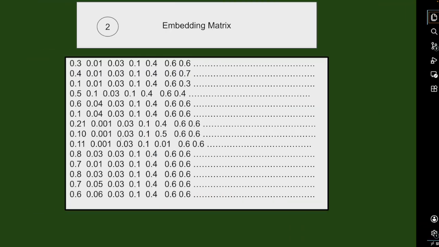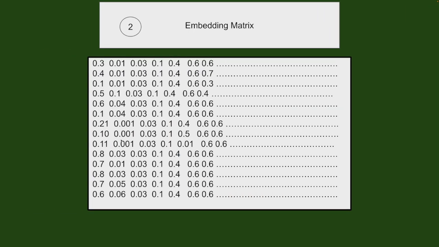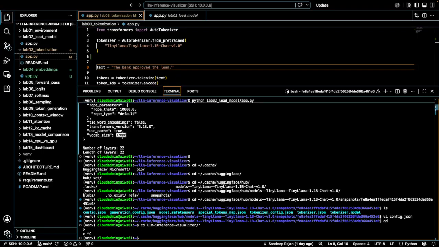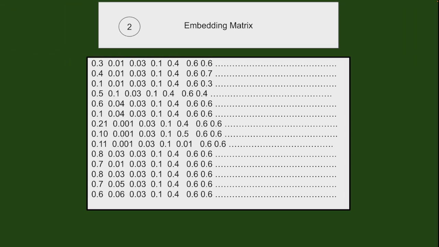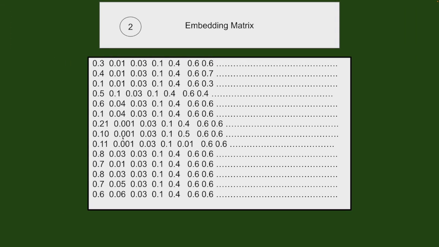Once again, a pre-trained LLM model contains an embedding matrix, and it has rows and columns. How many rows it has is equal to the number of tokens in the vocabulary of tokens that comes along with this LLM. That many rows will be there in the embedding matrix.